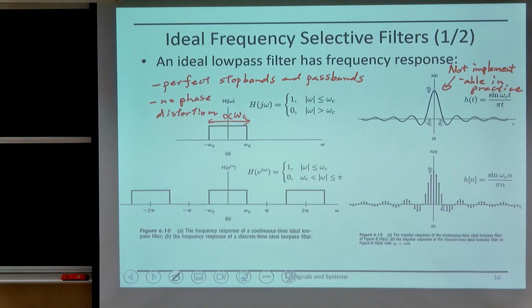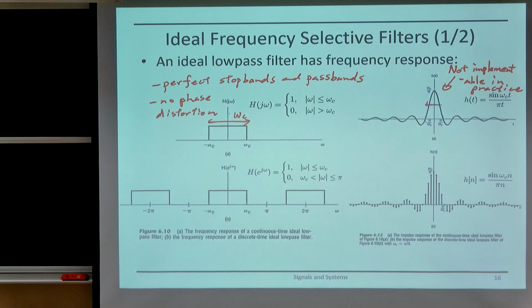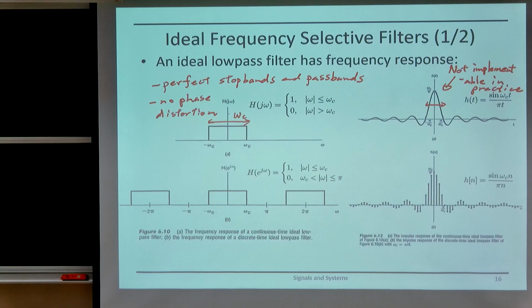Then the pulse width in the time domain will be proportional to 1 over omega c.